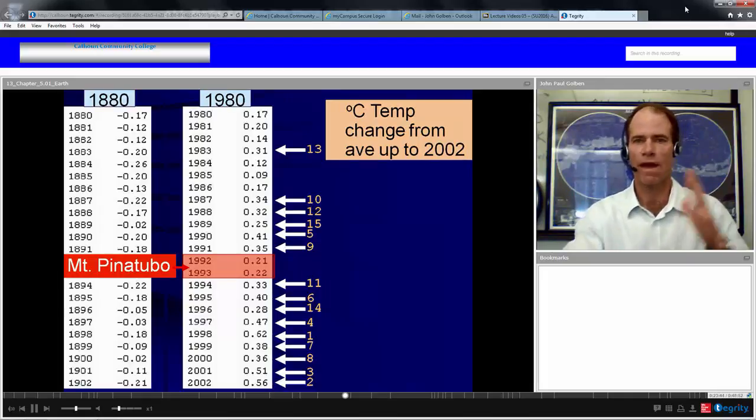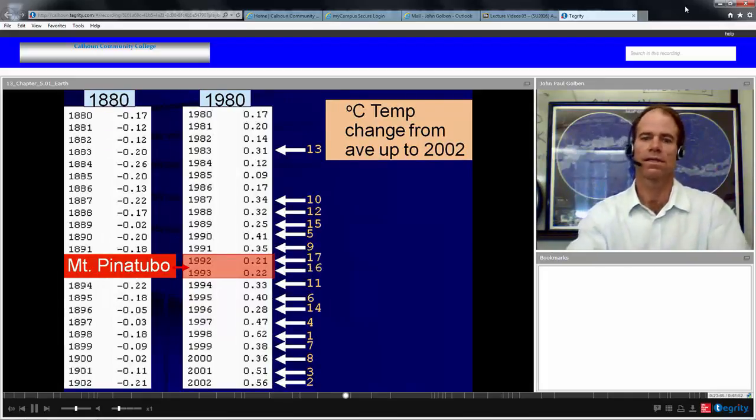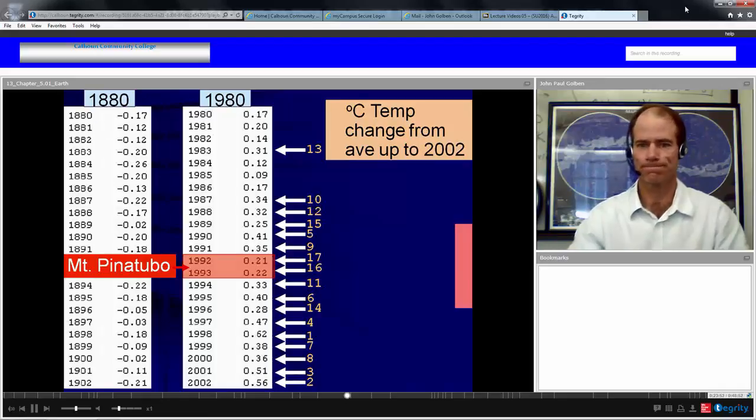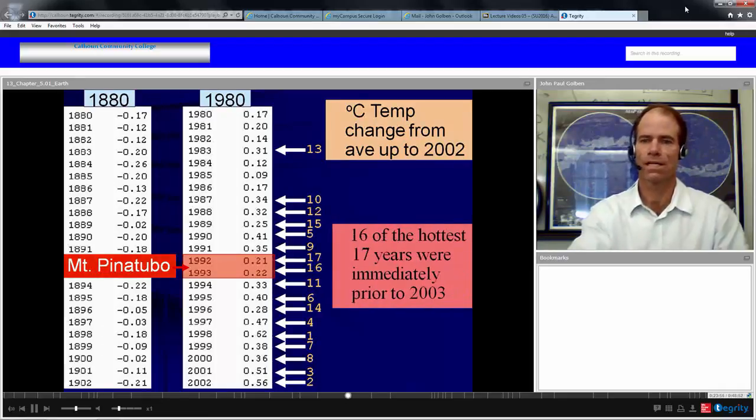But even with that mitigating effect, those were still years 16 and 17 hottest years just prior to 2002. So 16 of the hottest 17 years on record were immediately prior to the year 2003.